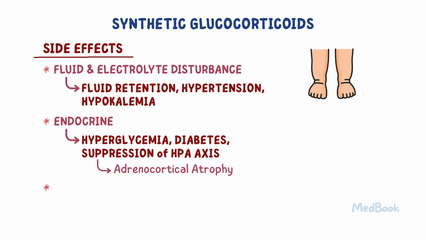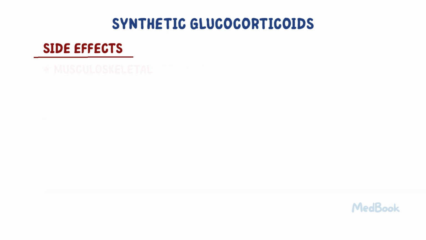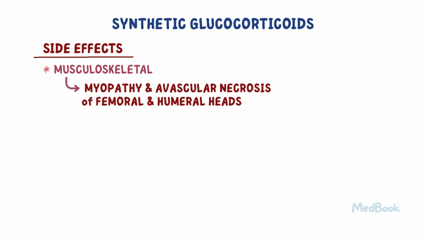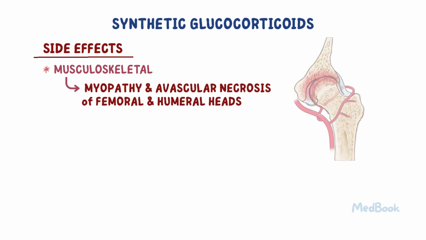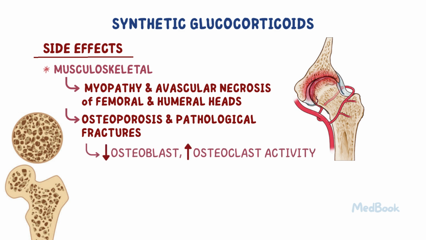Next, since they cause immunosuppression, they are associated with an increased risk of infection and impaired wound healing. In addition, glucocorticoids can cause musculoskeletal side effects, which include myopathy and avascular necrosis of femoral and humeral heads, but also osteoporosis and pathological fractures because they decrease osteoblast activity and increase osteoclast activity.